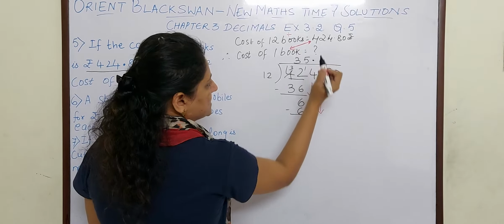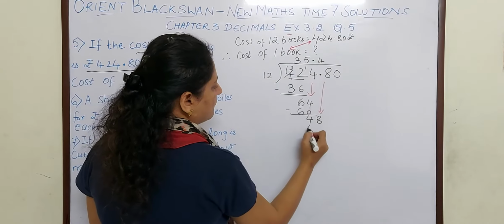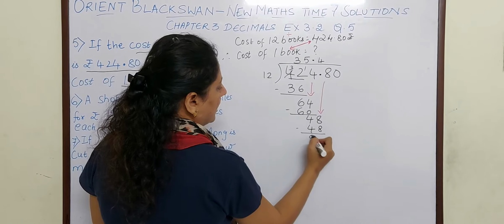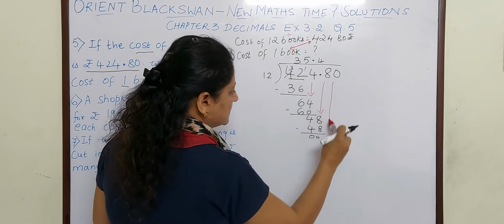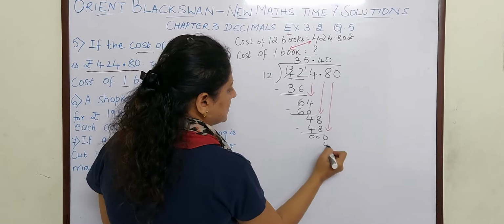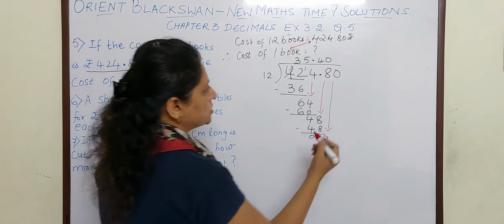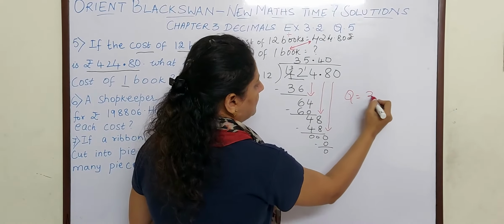So that we will place in the quotient and then bring down 8. So 12 4s are 48 and then last is this 0 we will be bringing down. So 12 zeros are 0. So we have got the remainder as 0 and we have got the quotient also as 35.40.